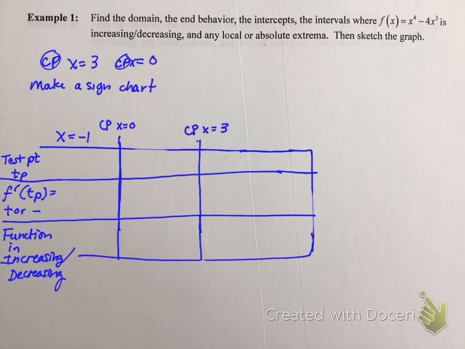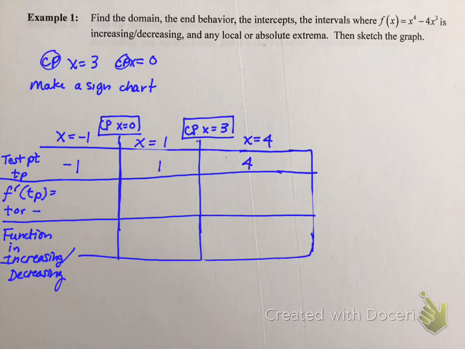And then on the right of my critical point x equals 0, I'm going to plug in the value of 1. And then on the right of my critical point x equals 3, I'm going to plug in a value of 4, let's say. Okay? So the first test point is -1, then I chose 1, and then I chose 4.